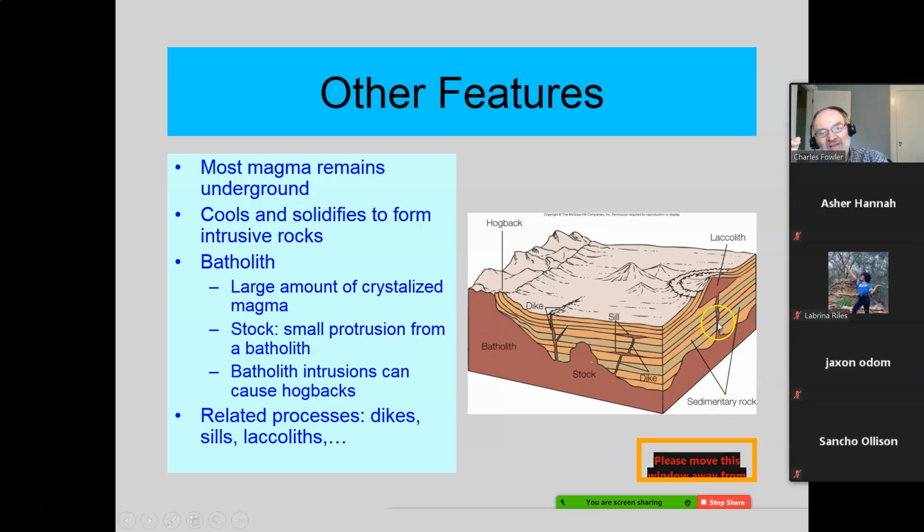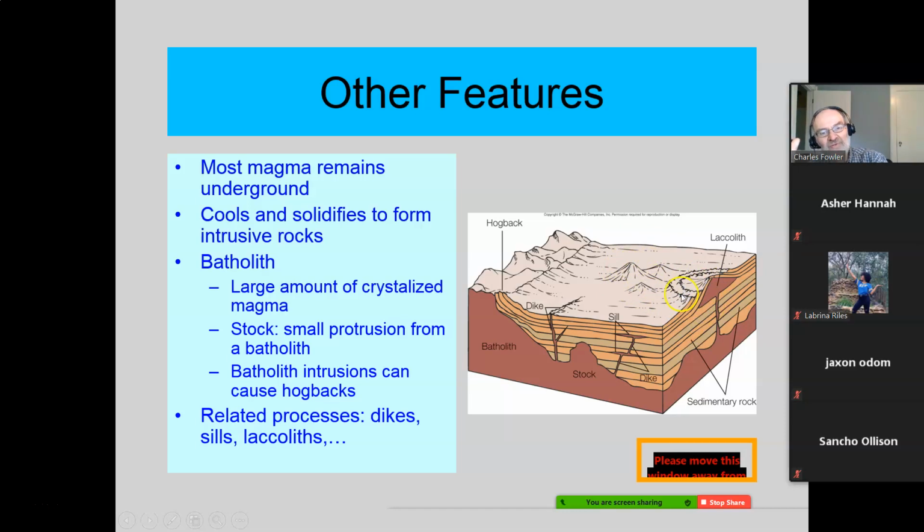This was a very small dike coming up, but then it found a weakness, folded up that layer of the sedimentary rock. Some of it probably eroded away. This over here looks like that's a laccolith, that some of the sedimentary rock is remaining on top, but you form these sort of conical shaped things.